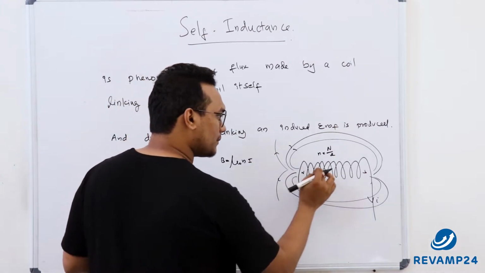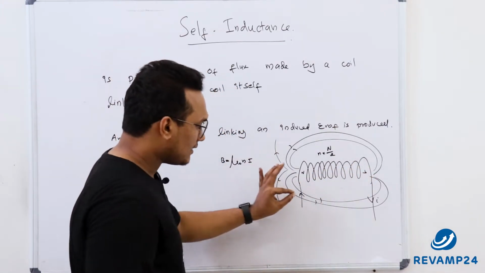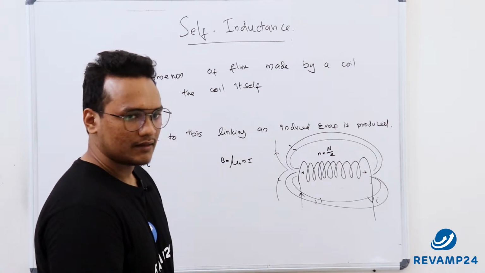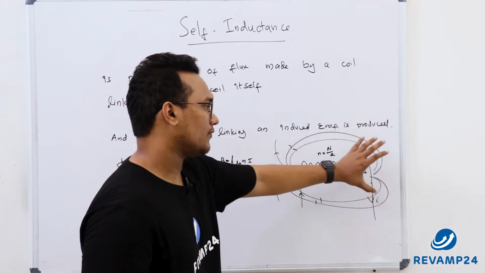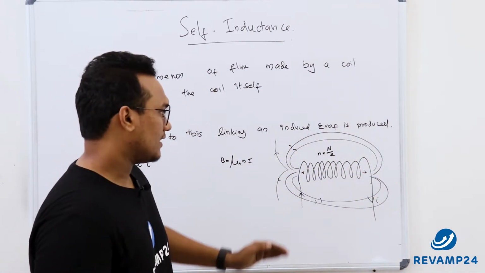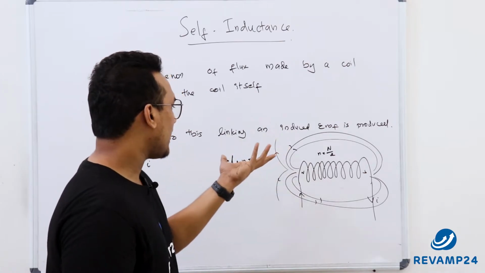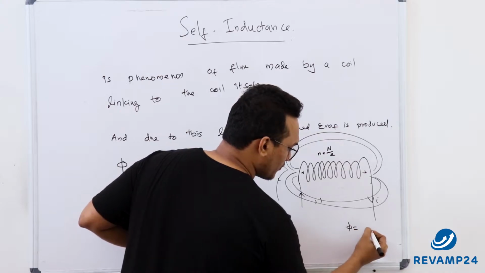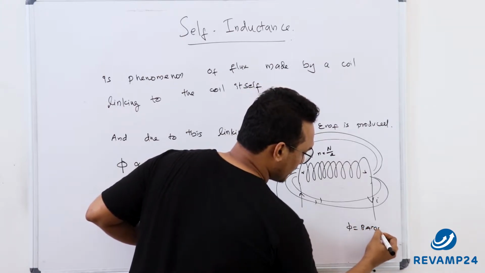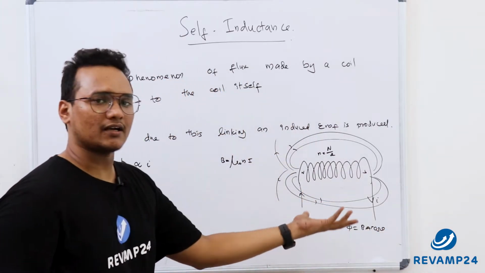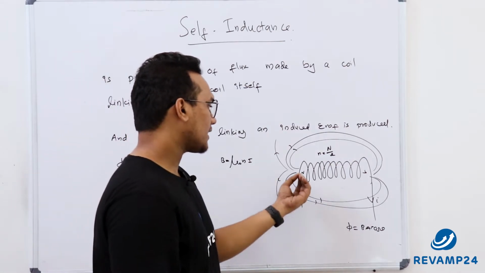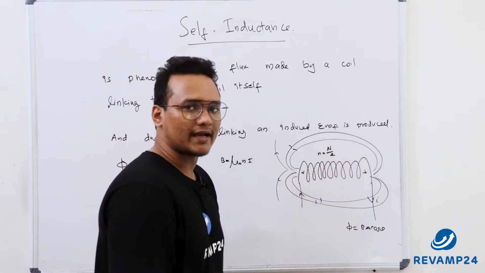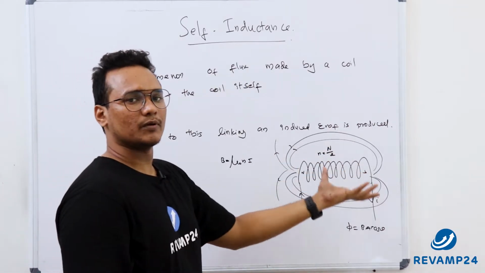See, when a current is passing through it, if it is a smaller current, then the magnetic field around it will be less. So when the field is less, magnetic flux also will be less, because flux is equal to B into A into cos theta. So when B is less, flux is also less. Now the higher the current, the higher will be the intensity of the magnetic field around it, and flux will also be more.